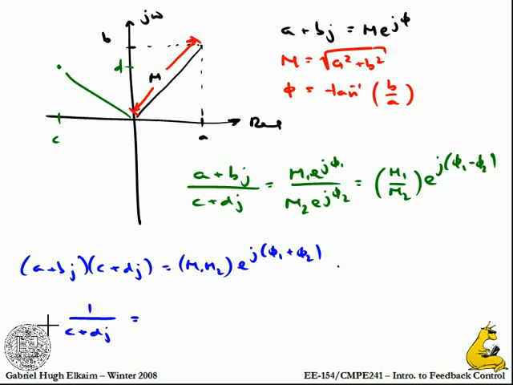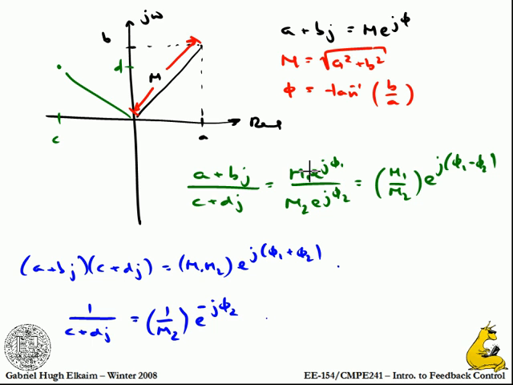everyone see where I'm going with this? If I just had 1 over C plus Dj, in this case to be consistent, that's 1 over M2 e to the minus j phi 2.